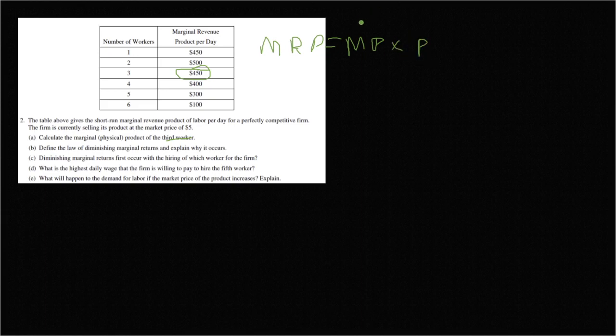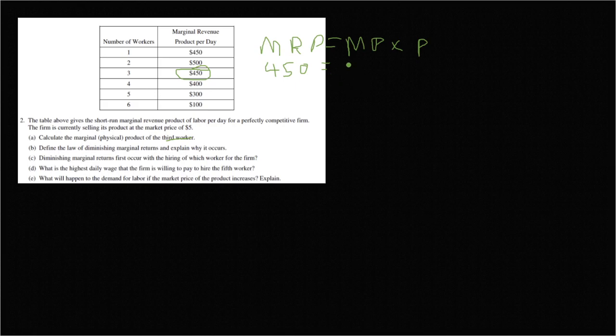This just becomes an algebra problem now that we know this is the third worker, and the marginal revenue product is $450, and we define the marginal product.